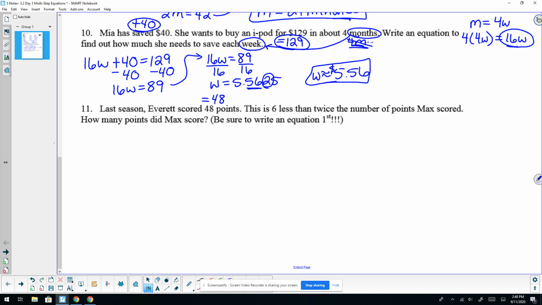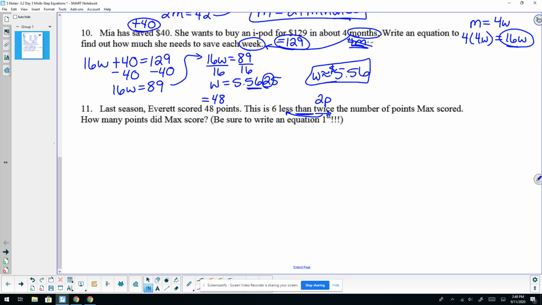6 less than twice the number of points Max scored. Well, this is a section where, if you remember back to the beginning of the year, we did a lot of vocab for math, vocab for algebra. And we know that the word than tells me I have to start with what comes behind and then work my way back to the front, okay? Well, twice the number of points would be 2p, 2 times the number of points.